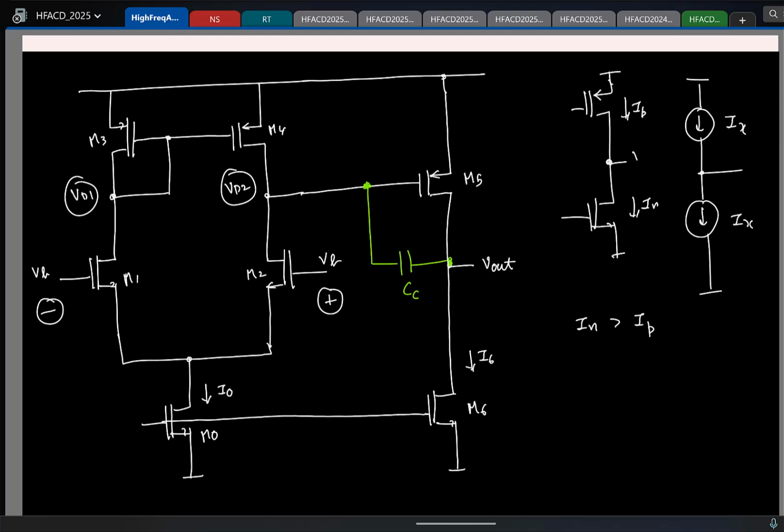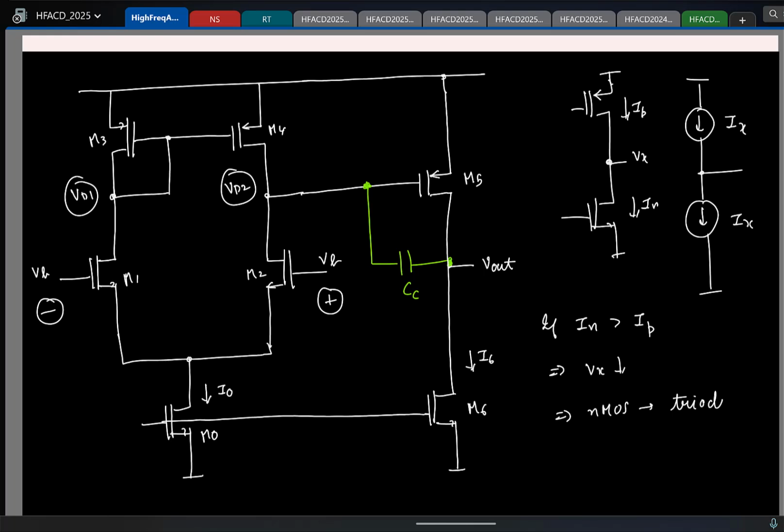Then what can you say about this voltage Vx? We are pulling out more and more current from this node than the current that is being pushed in. So the node potential will drop. If this potential keeps reducing, what can you say about the NMOS transistor? It will go into triode region, right? So I will say NMOS enters triode.